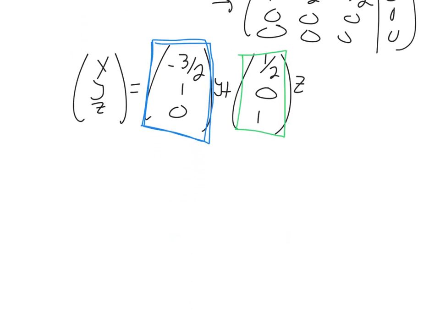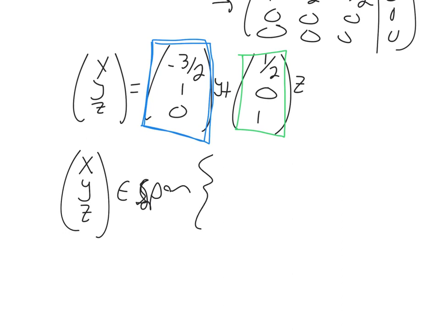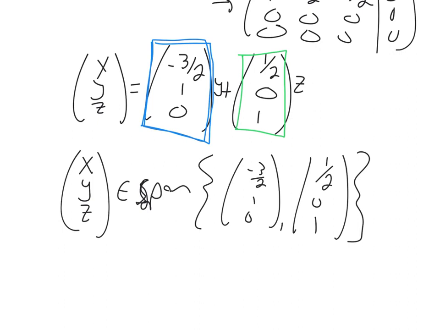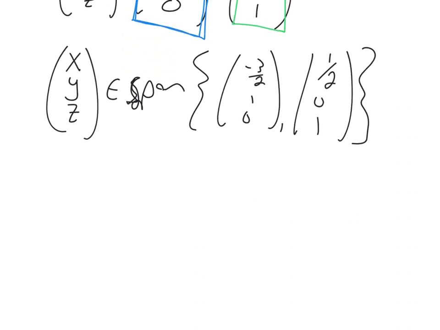That's again equivalent to saying that x, y, z belongs to the span of negative 3/2, 1, 0 and 1/2, 0, 1. Well, okay. The span of a collection of vectors is the collection of all linear combinations of those vectors.